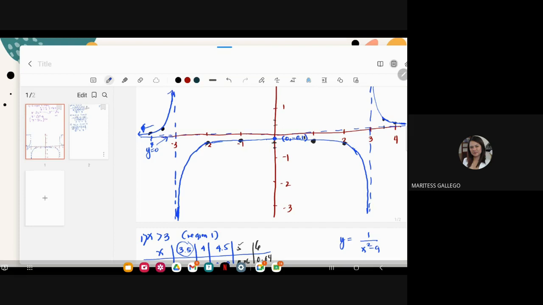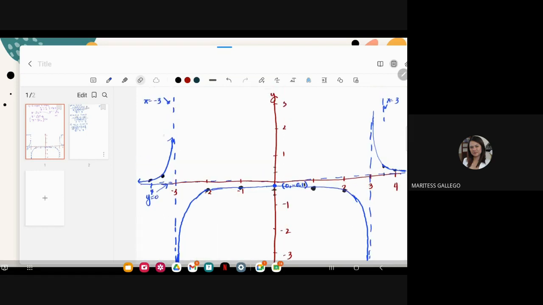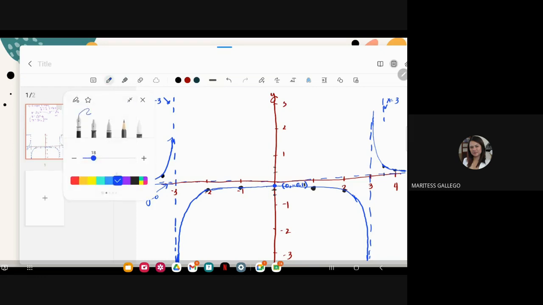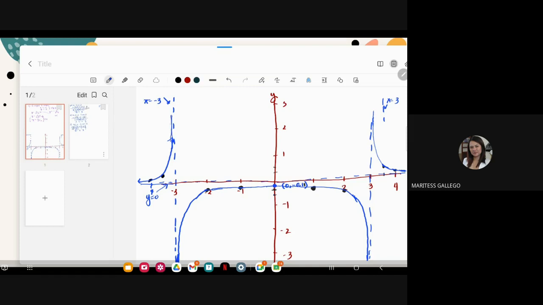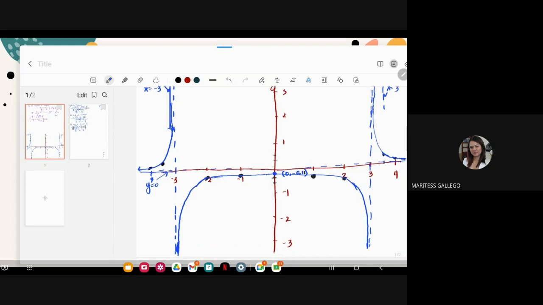Ganyan. So, this is your curve. Ganyan yung itsura niya. Okay. So, there. So, you have now the graph of the curve.